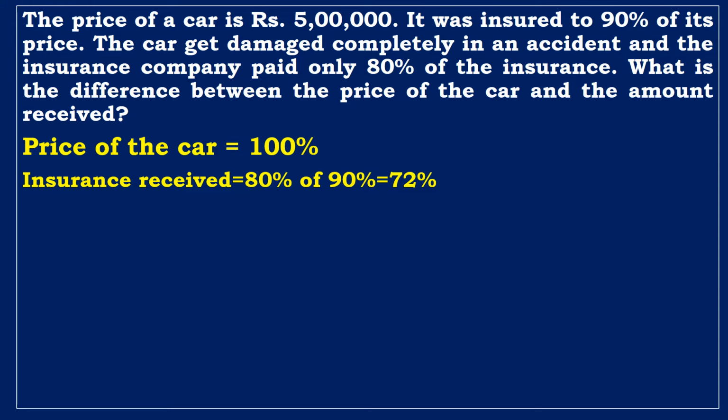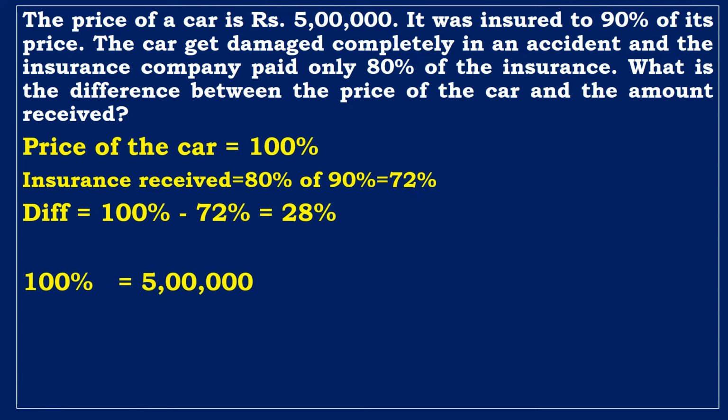From the question, we need to calculate the difference between the price of the car and the amount received, which is 100% minus 72% is 28%. 100% is 500,000 rupees. Then, we must calculate 28% of 500,000.